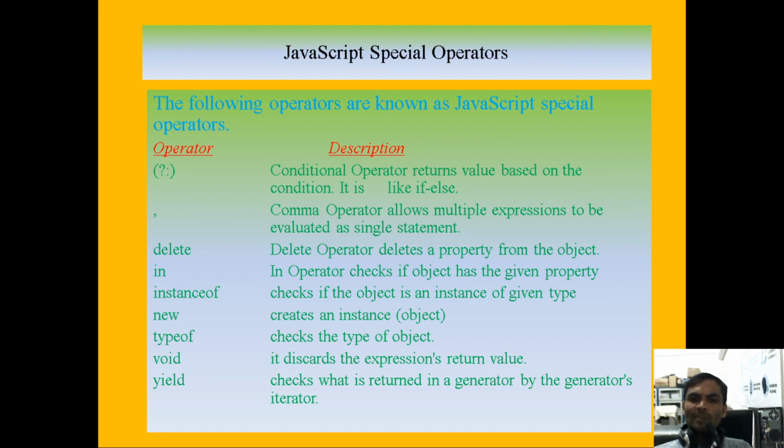The in operator checks if the object has the given property. Delete: with the help of the delete operator, we can delete the property of the object. The comma operator allows multiple expressions to be evaluated in a single statement. These are the special operators available under JavaScript.